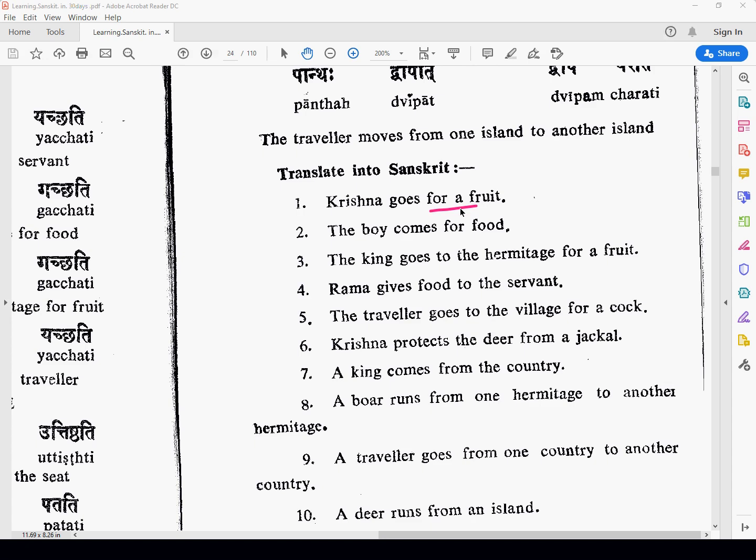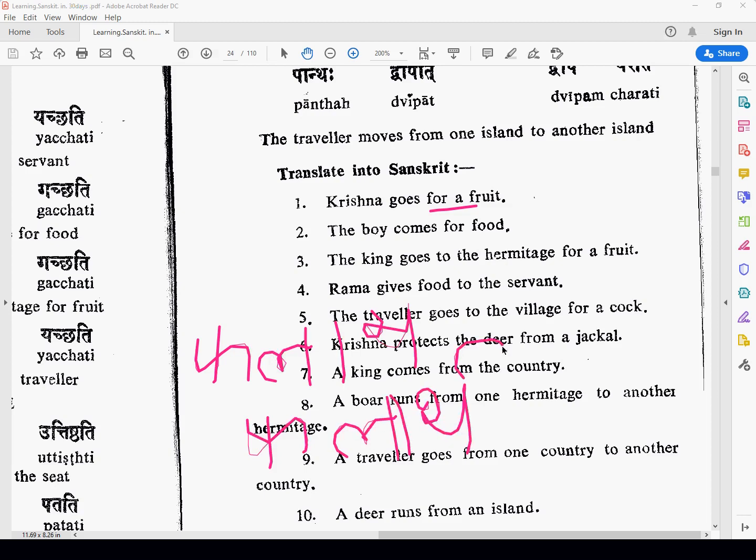Phalaya, or another way of saying it is Phalartham. Phalaya or Phalartham.